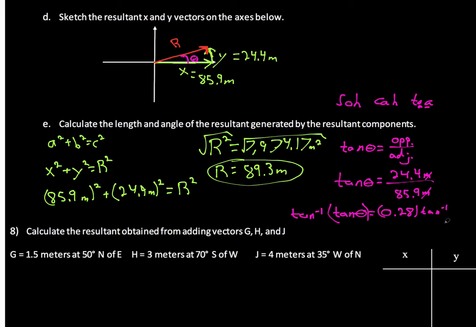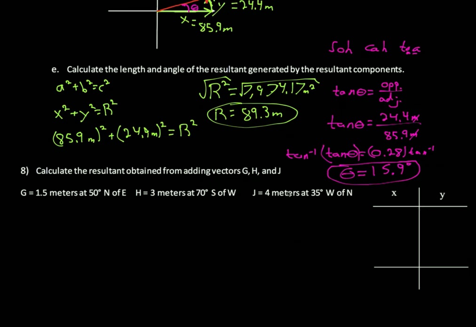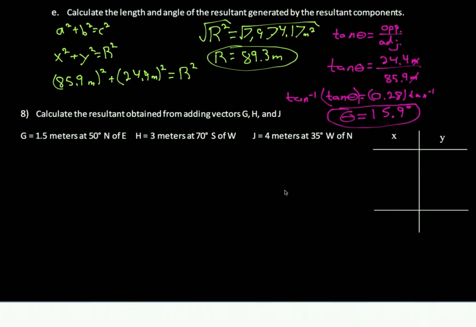So if I do that, then what I end up with is that my angle is about 15.9 degrees if I round. And that is all the information that we can get about the resultant vector, its magnitude and its angle, from adding its components.